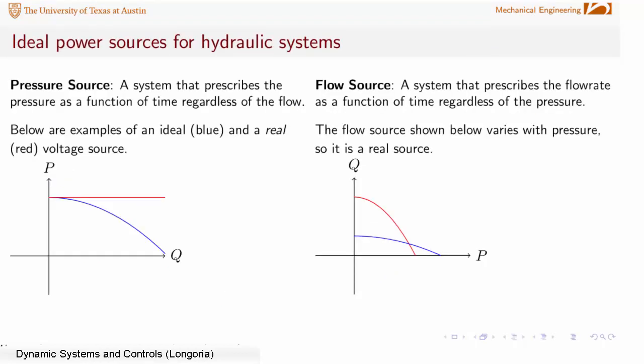Let's turn now to reviewing ideal and real, as usual, power sources, now for hydraulic systems. Again, in the simplified cases where we want to just represent pressure sources and flow sources, remember a pressure source is going to be a system that prescribes some kind of pressure as a function of time, regardless of what kind of flow you have.